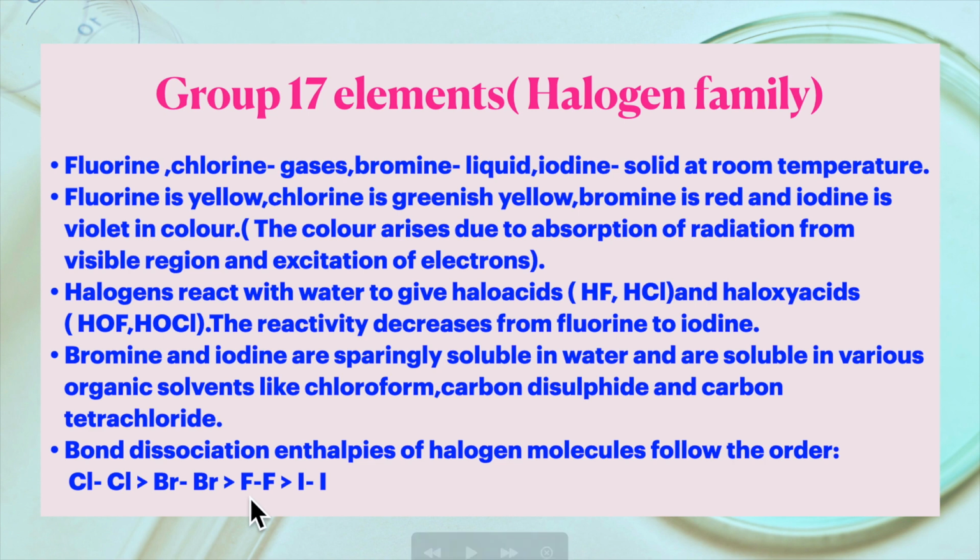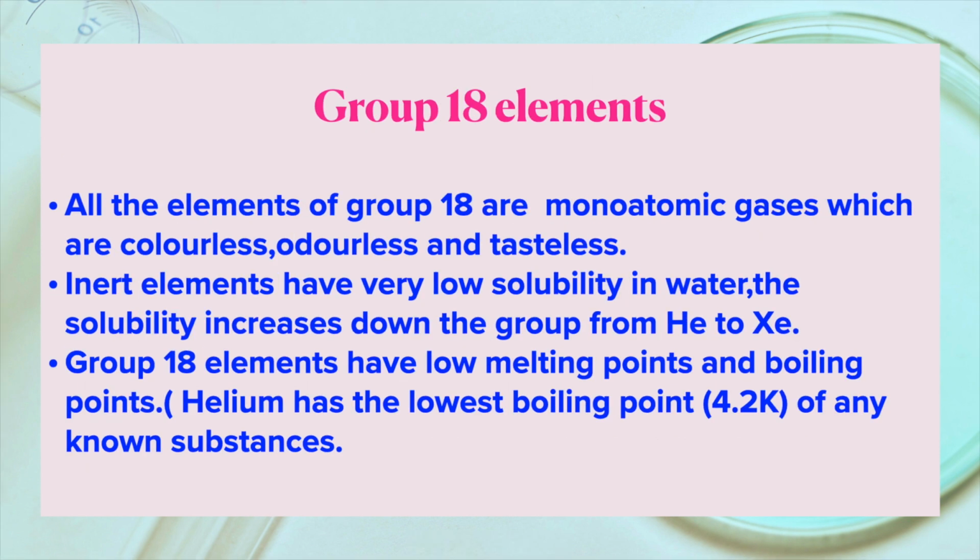Now, group 18 elements are called inert gases or noble gases. All the elements of group 18 are monoatomic gases. Other gases are in diatomic state, but the noble gases cannot react with each other, so they have only one atom.